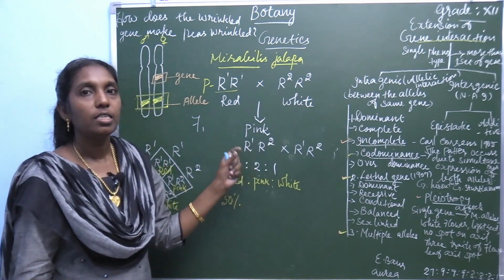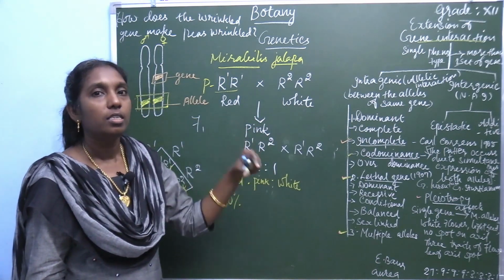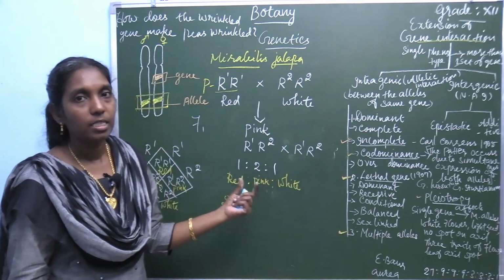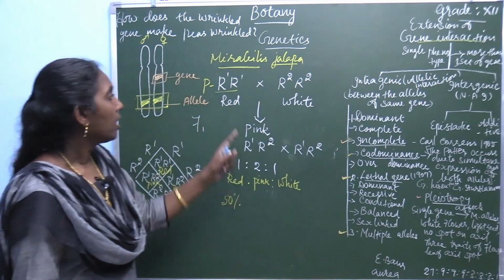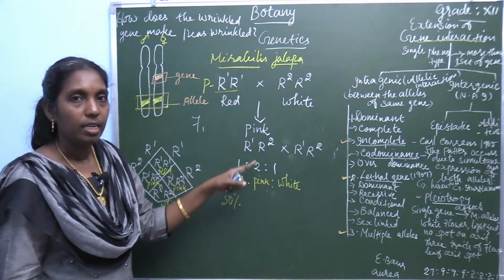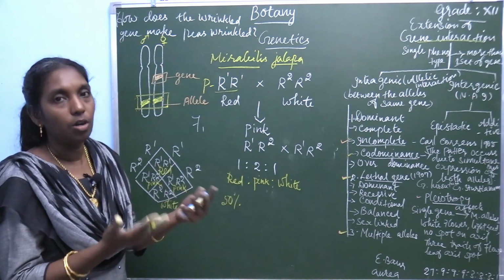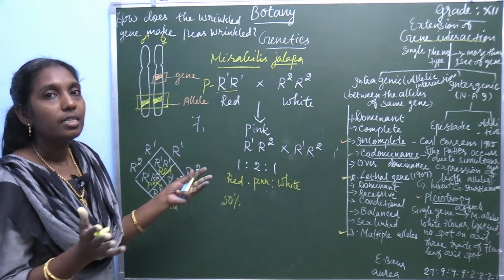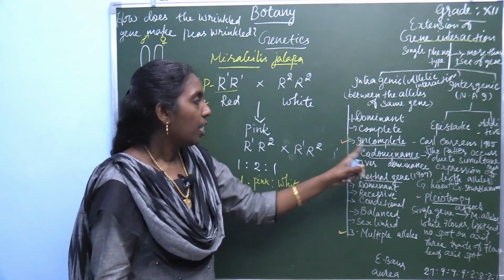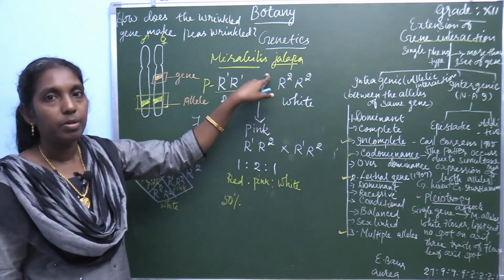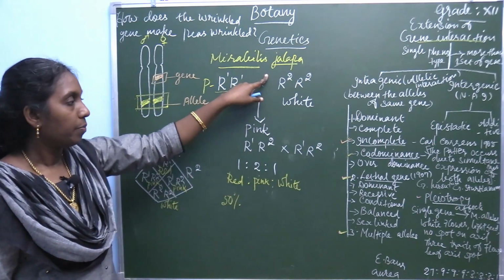So, 50% R1 gives the pink color, that is incomplete dominance. It is not fully dominant over the other. So, half is dominated, the domination is incomplete. Example, Mirabilis jalapa, that is the 4 o'clock plant.